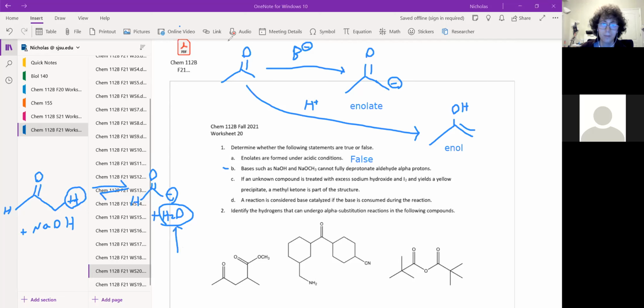I'm going too fast, but the pKa for water is about 16. If you don't know it yet, just maybe use flashcards, practice it, because it is a number you're expected to know. What about the alpha proton for an aldehyde? This is a pKa value you saw in class last Thursday that you were told to remember.